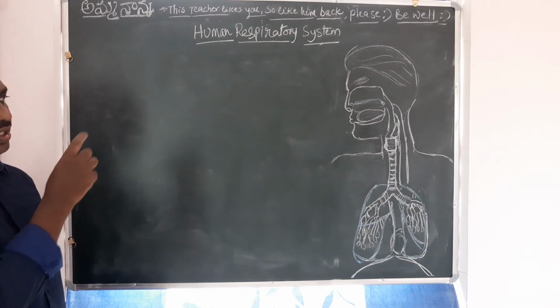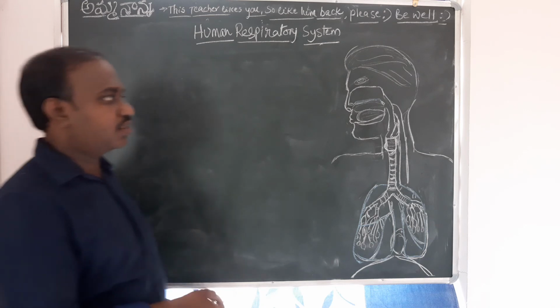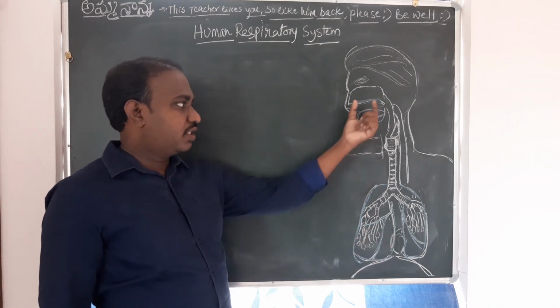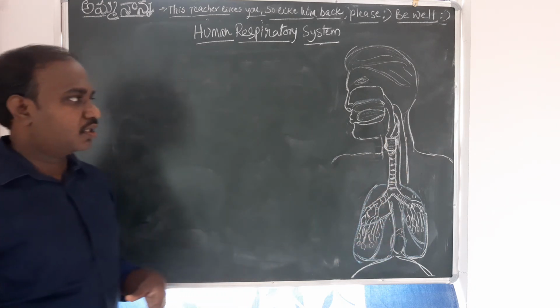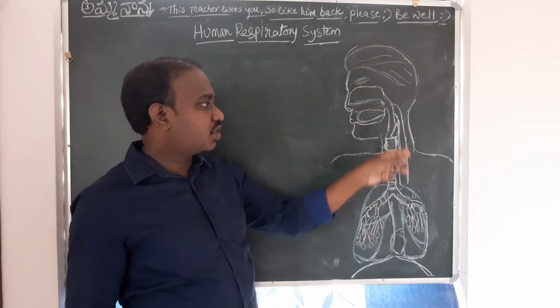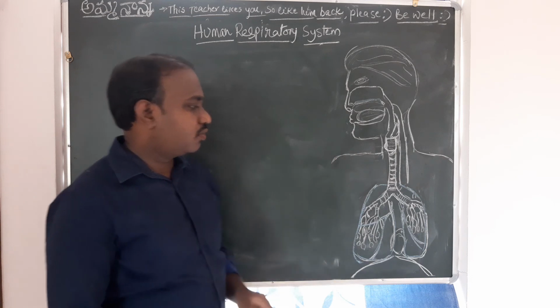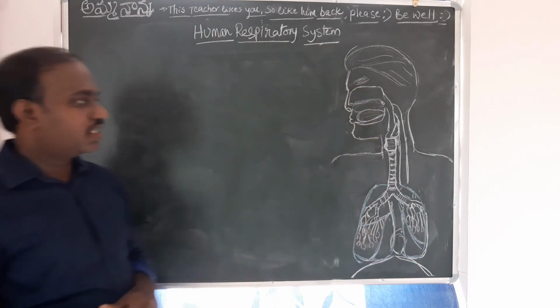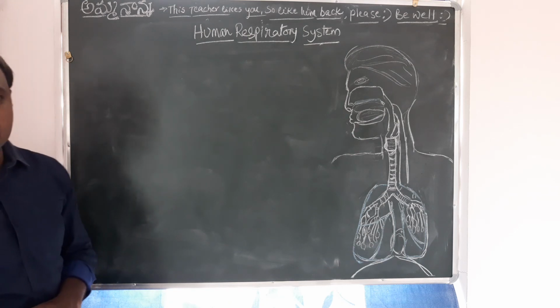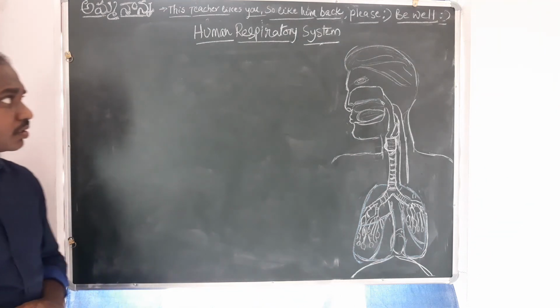How does this breathing pattern occur? What are the various organs? It's a system, right? What are the various organs that are involved? So I have drawn a representational diagram so that it gets easy for us to understand the human respiratory system.